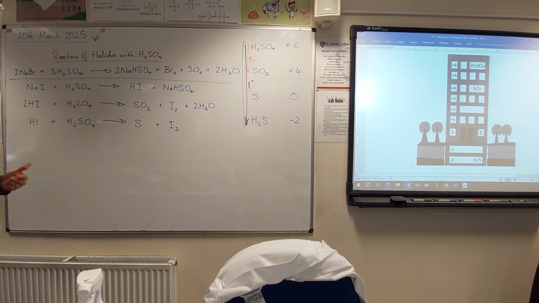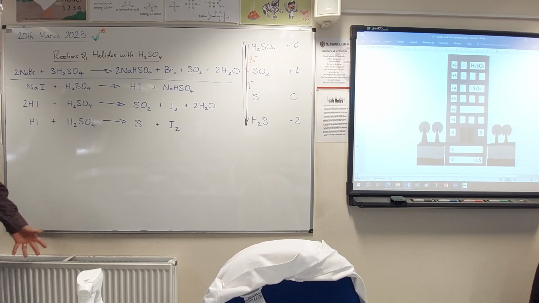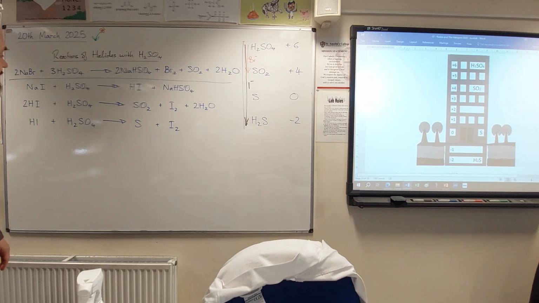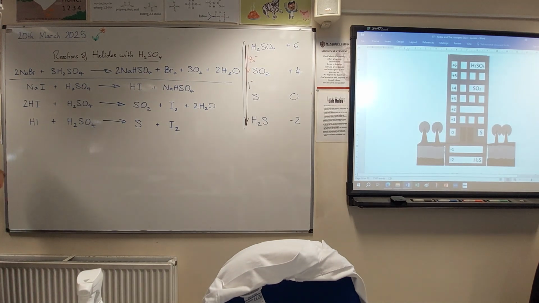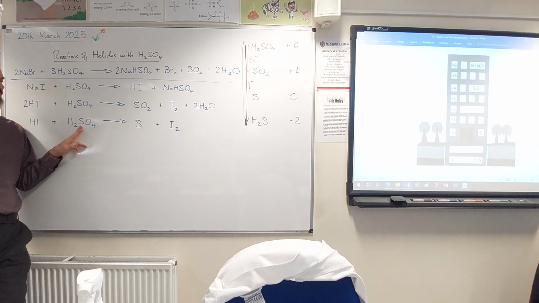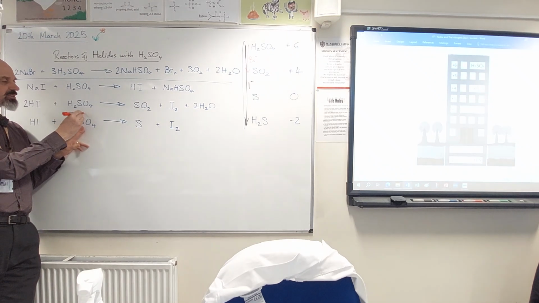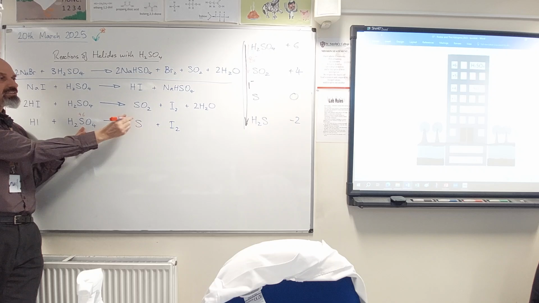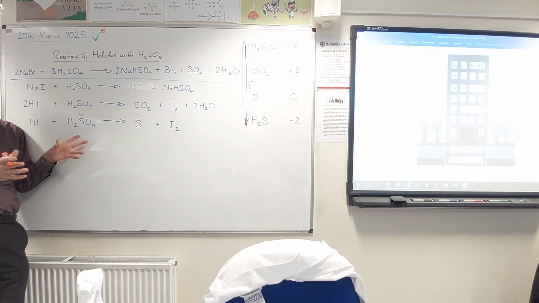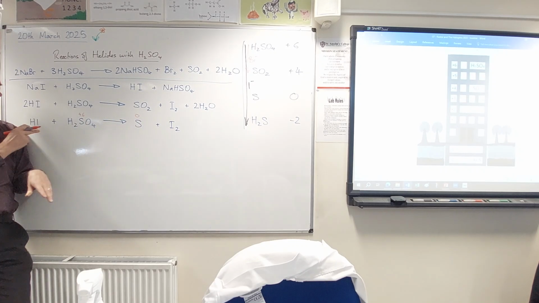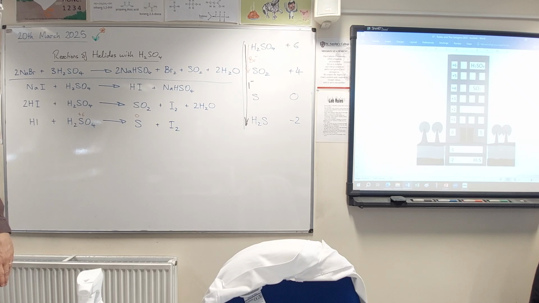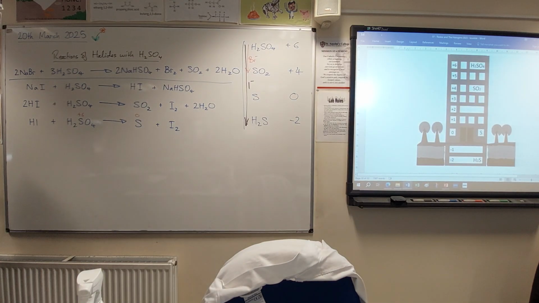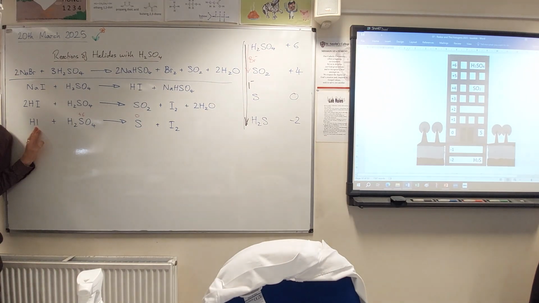You can, of course, go and balance the two half equations separately, and lots of you might need to do that, and that's fine. Or you could just have a quick look at the oxidation states of sulfur here. Sulfur in sulfate is +6, and sulfur the element is 0. So that's 6 electrons. Each HI gives away how many electrons?